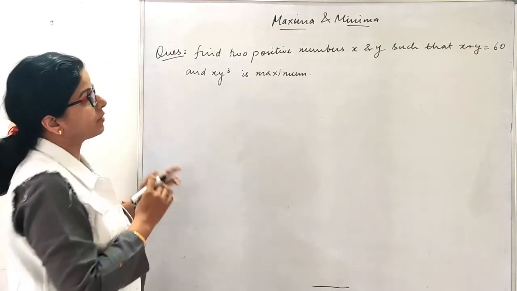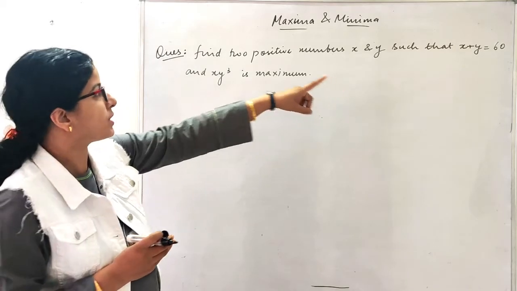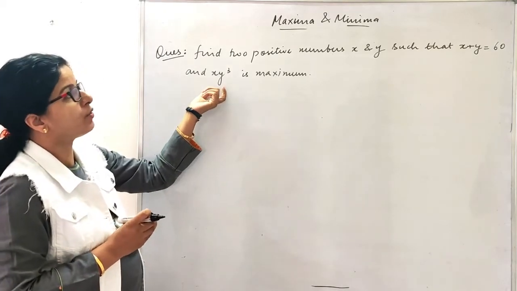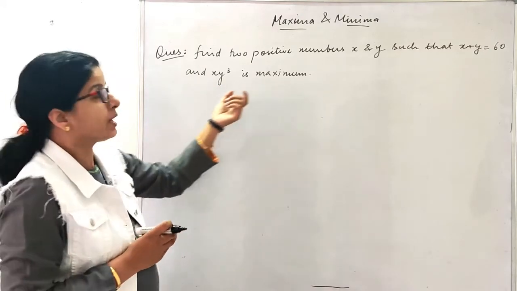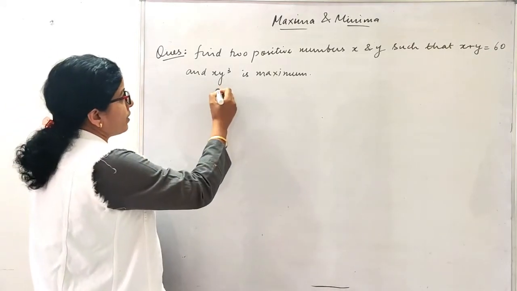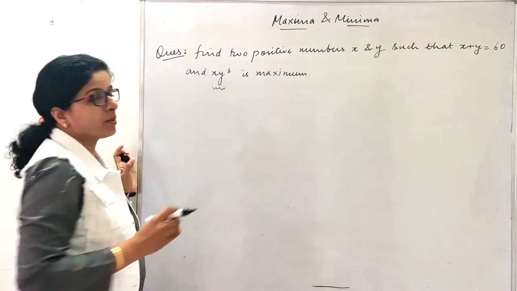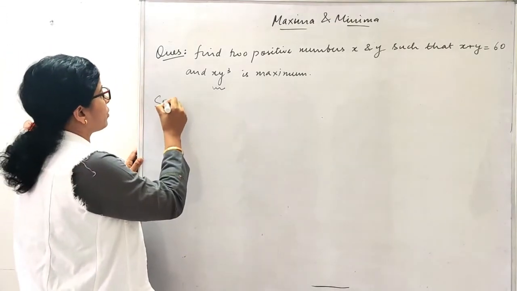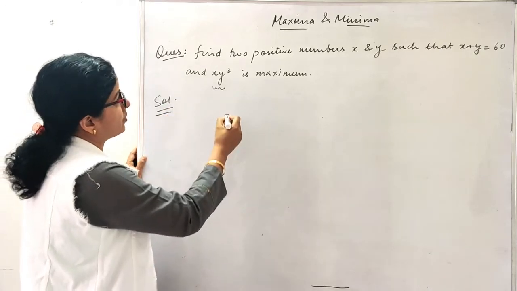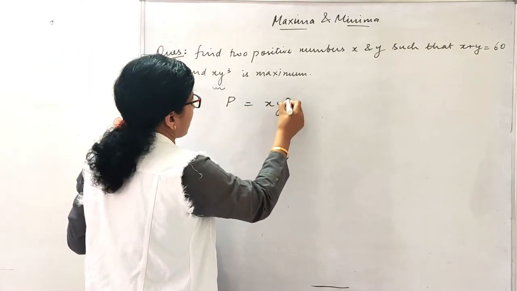So we have been given the relation x plus y is equal to 60, and we have to find the values of x and y in such a way that xy^3 is maximum. It means whatever has to be taken as maximum or minimum is to be differentiated, right? So how are we going to solve it? We will take P = xy^3.